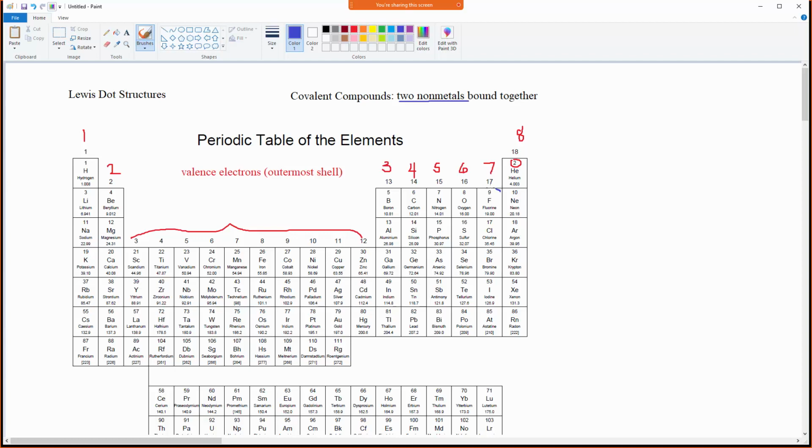So we're making covalent compounds mostly with these elements only, okay? And even though the noble gases are nonmetals, they still don't react, but hydrogen also will react to make covalent compounds. So these are the elements that we're using to make covalent compounds.